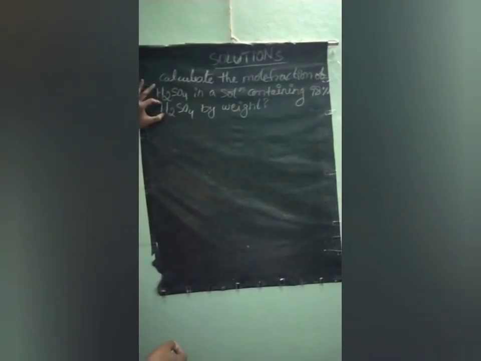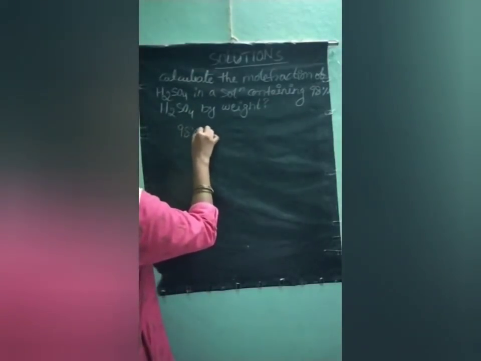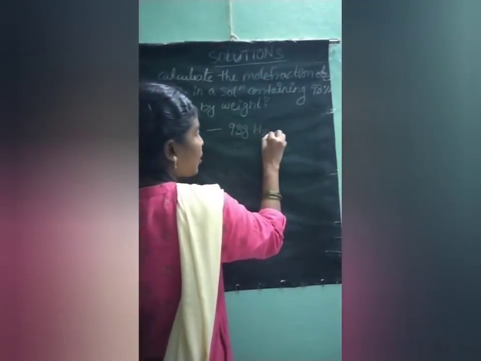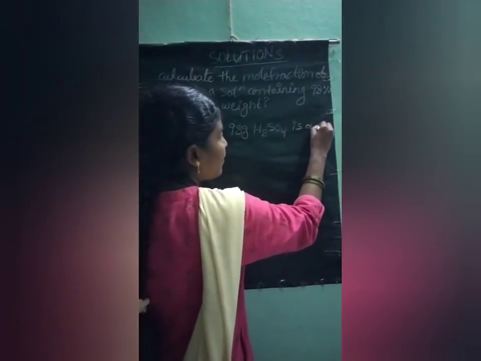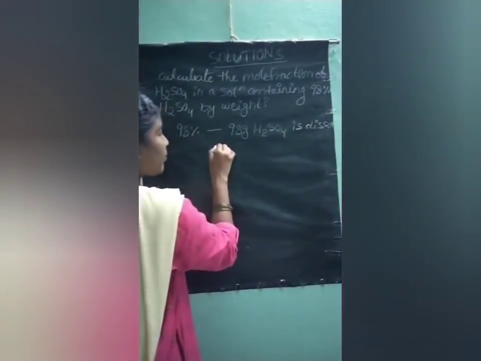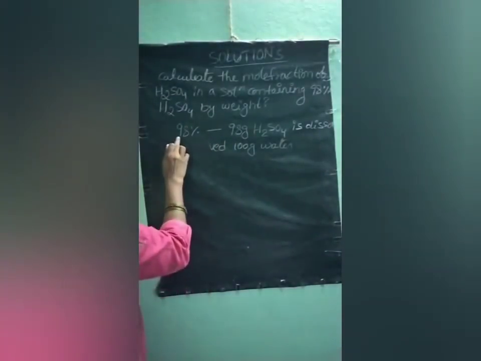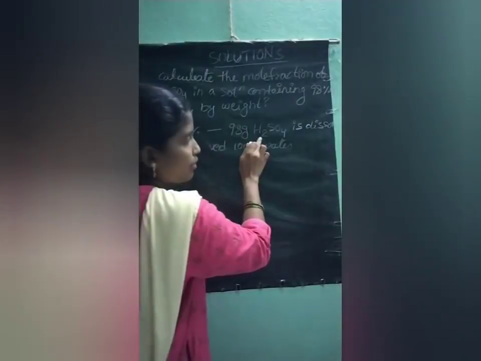We have already discussed how to change percentage to weight. So 98% of sulfuric acid means 98 grams of sulfuric acid is dissolved in 100 grams of water. Okay, this is the percentage changed to weight.